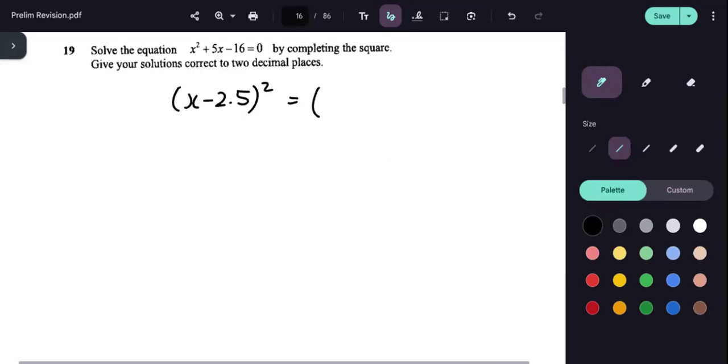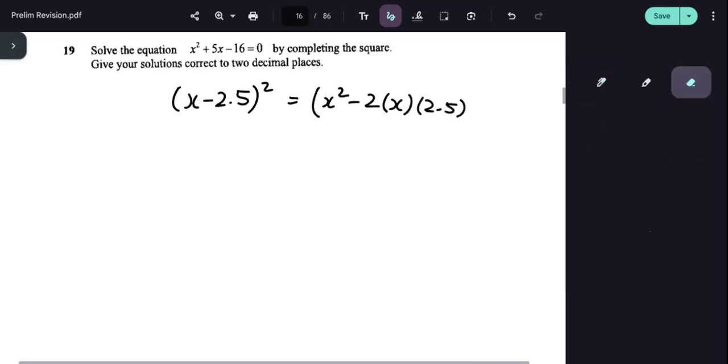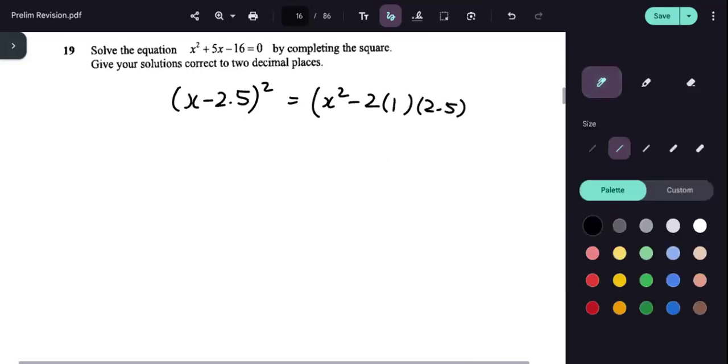Can you actually factorize it? Let me see if I can factorize it. You can't factorize using calculator. So what do you need to do? Just expand. Minus 2AB plus B square.